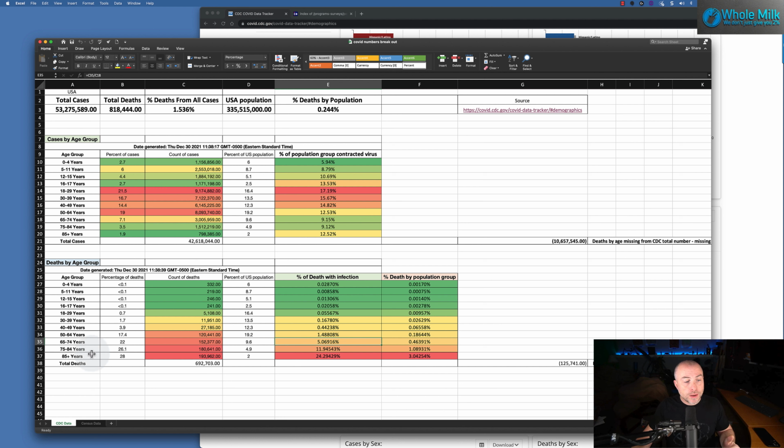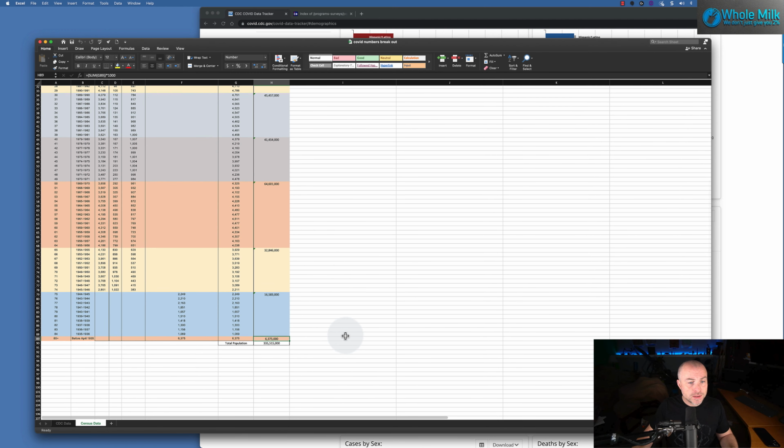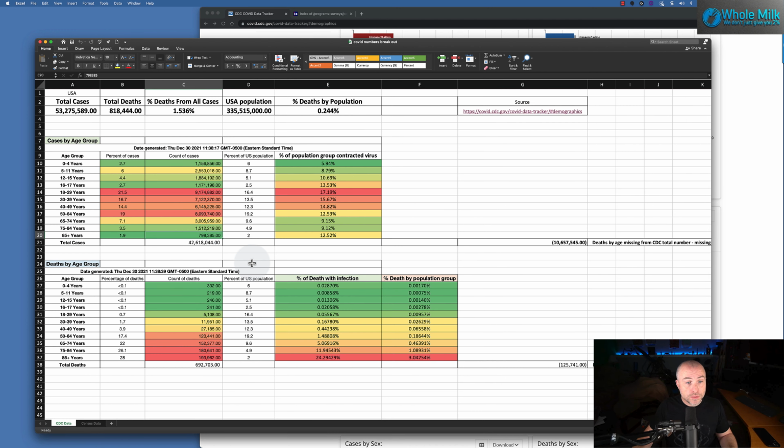So you go down through and 85 years and older are hit pretty hard. They have a 24% chance of dying if you contracted the virus. Again, 85 years plus has 798,000 cases, which was 12% of the population in that age range. If we go over here to the census data, 85 plus is 6 million people. So out of 6 million people, we had almost 800,000 contract COVID.